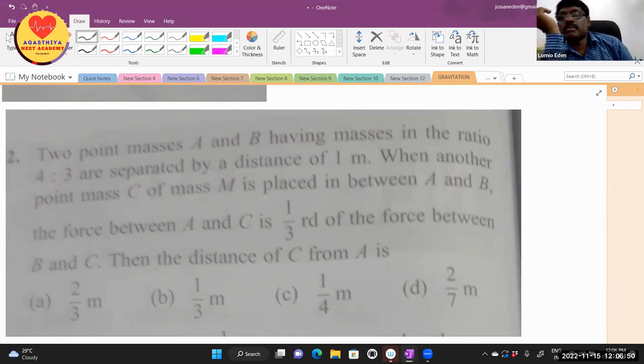Two point masses A and B having masses in the ratio 4:3 are separated by a distance of 1 meter.